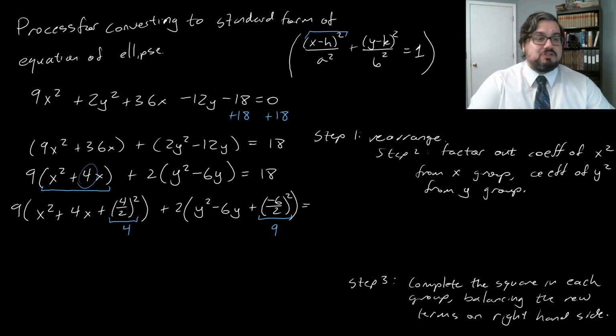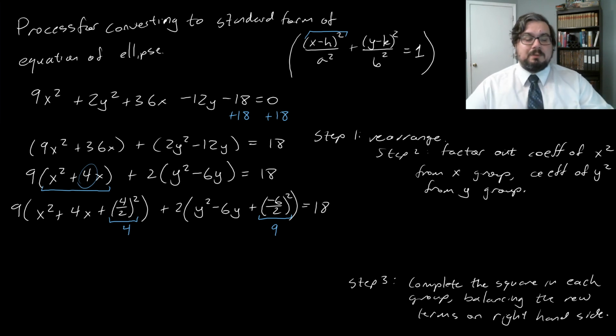Now, of course, we can't just add in numbers whenever we want. We have to balance that out. So we also need to add something on the right. But the thing to note is that, for instance, this 4 that we've added inside the x group is also being multiplied by the 9 on the outside. So we haven't just added 4 to the left-hand side, we've added 4 times 9.